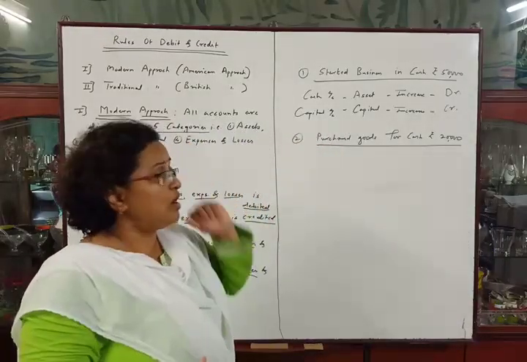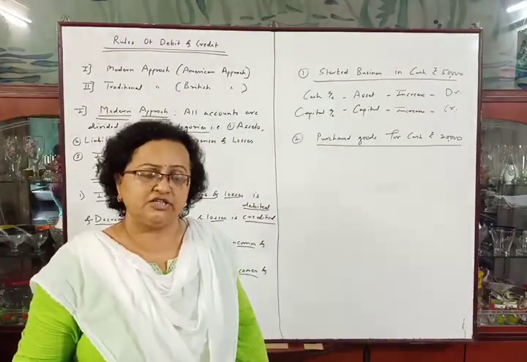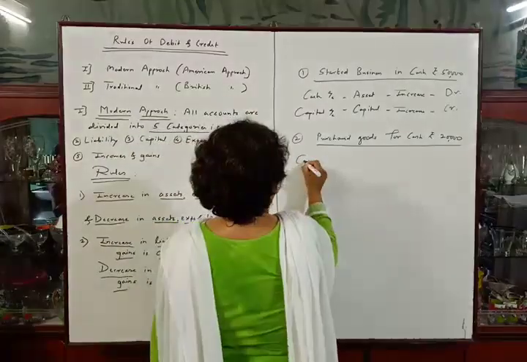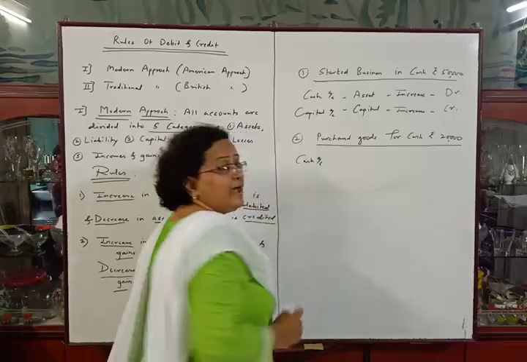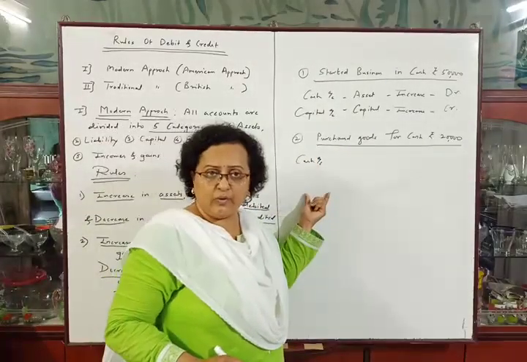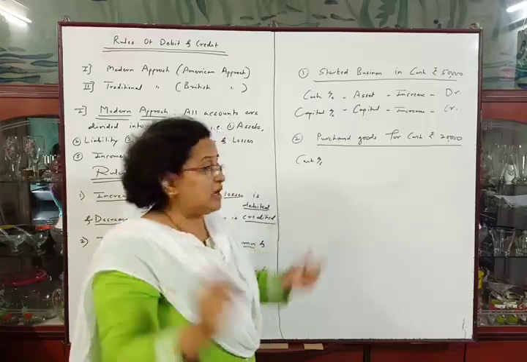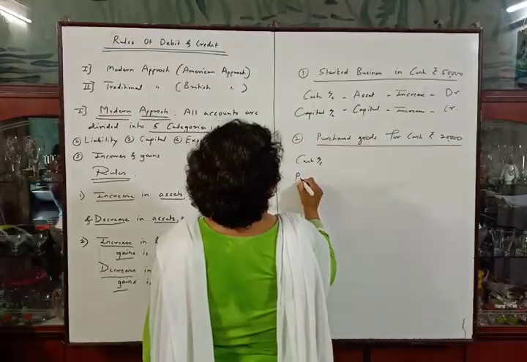See which two accounts are involved in this transaction. One is cash account, as the goods are purchased for cash, and second account is goods account. But when we purchase goods, we will call goods account as purchases account.